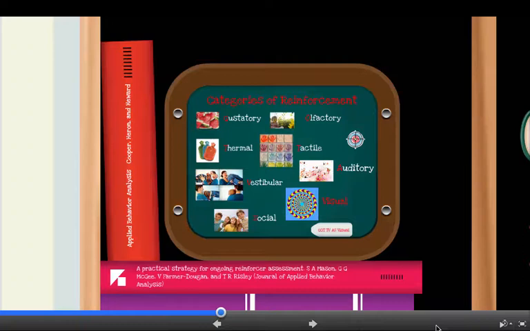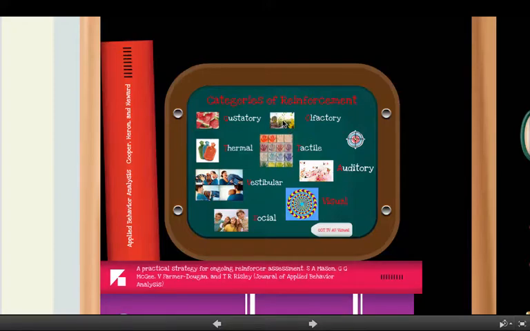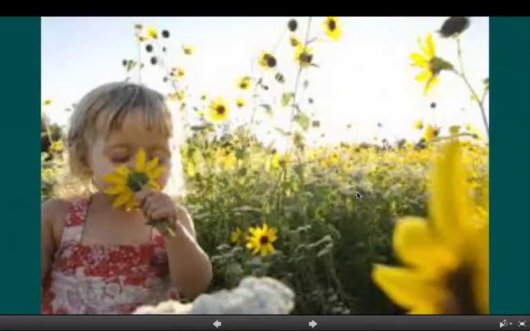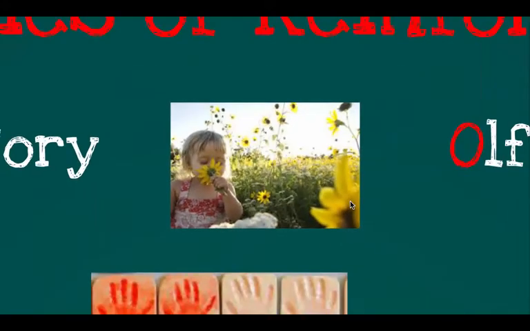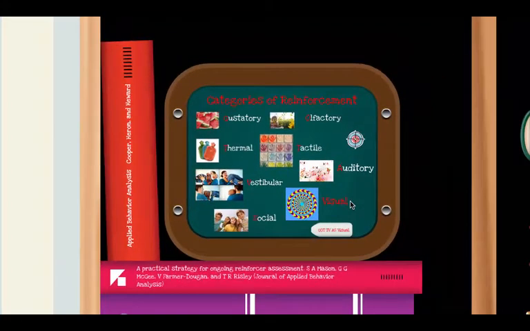The second category is what's referred to as olfactory reinforcers, your sense of smell. Your sense of smell is powerful. There are many things in our lives that function as reinforcers that take the form of smells.